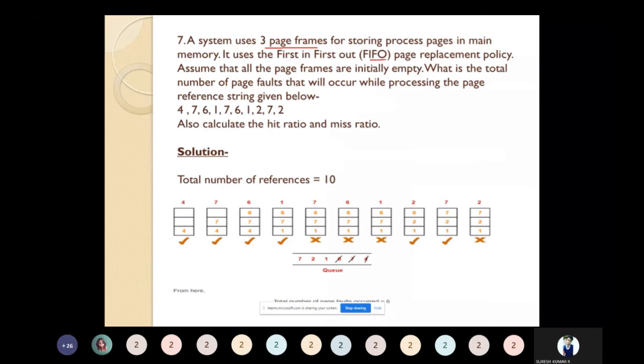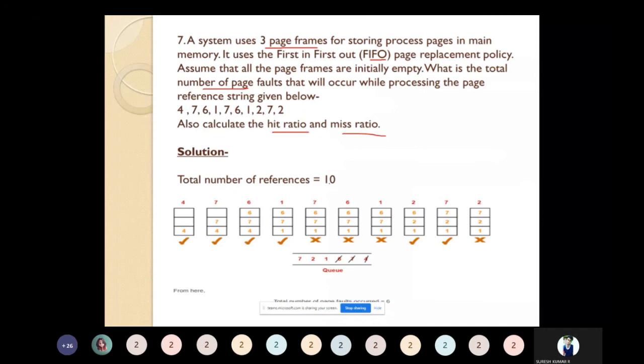What is the total number of page faults? We also have to calculate the hit ratio and miss ratio. We already know how to calculate the page fault; here one more added topic is hit ratio and miss ratio. So, very simple.